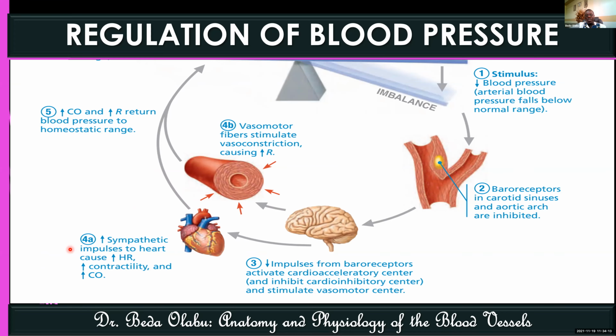And so you'll have positive chronotropy, positive inotropy, and eventually increasing cardiac output. But you'll also have vasoconstriction. Remember, this one uses alpha-1 receptors. The other one uses beta-1 receptors. Eventually, you'll increase resistance and increase cardiac output, so we'll increase blood pressure to normal.